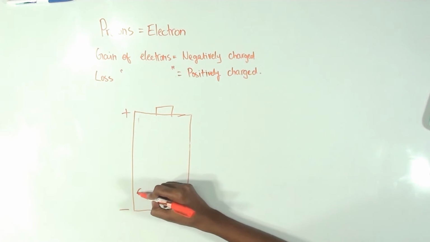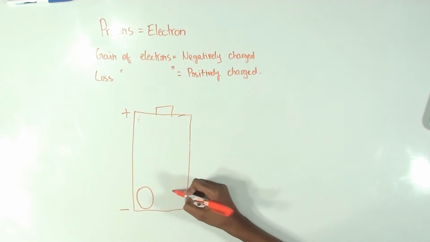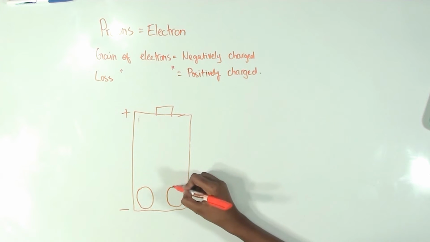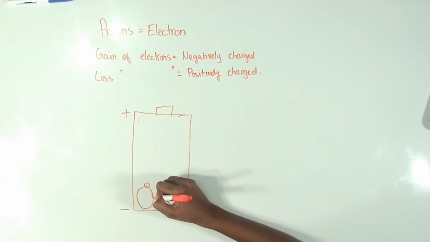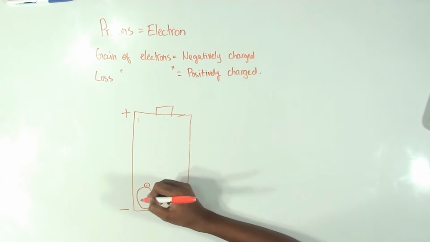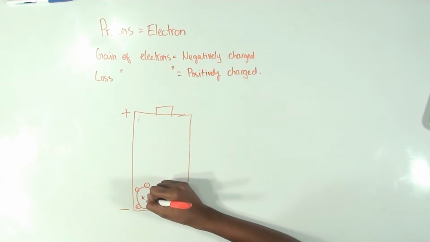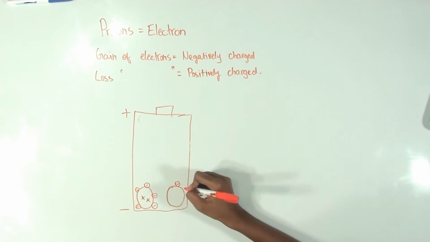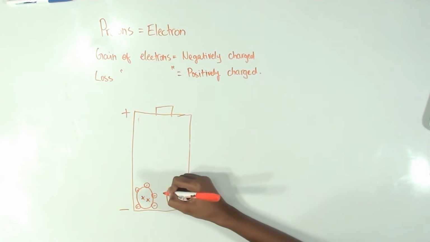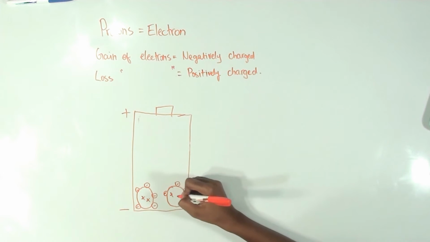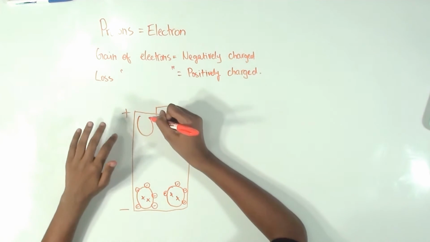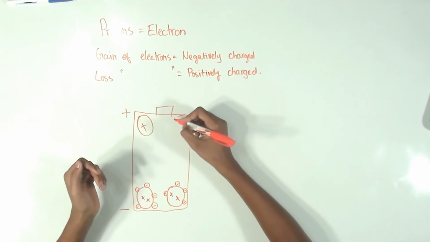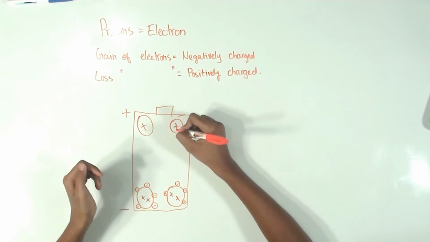So inside, how the atoms would look like is, so we have our two atoms for the negative side, and we would have an excess amount of electrons compared to the amount of protons. And same here. Whereas on the positively charged side, we would have only one proton and no electrons.